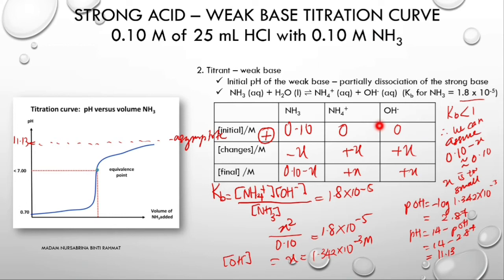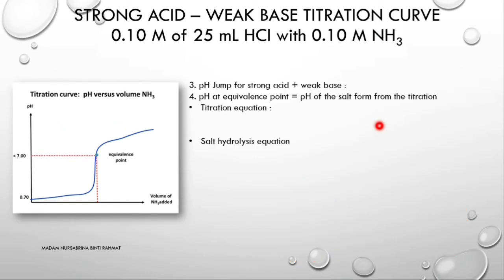Then we're going to find out the pH jump. The pH jump is the sharp increase in the pH, along with the pH at the equivalence point as well as the volume of the titrant needed for the equivalence point. So for a strong acid and weak base, it starts with a pH below 7, at 3, and goes until 7. So between 3 and 7 is the sharp increase, and the pH at the equivalence point should be less than 7.